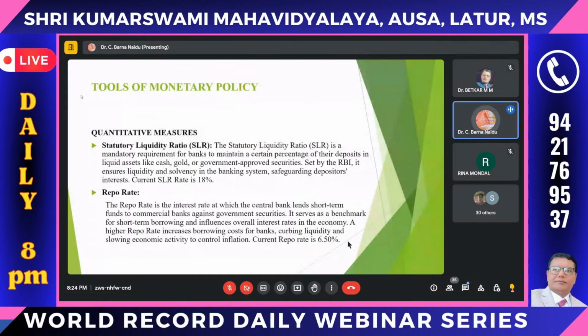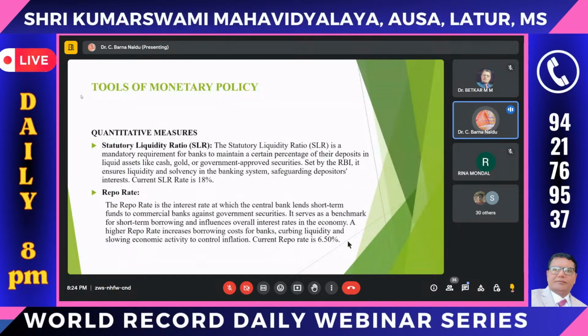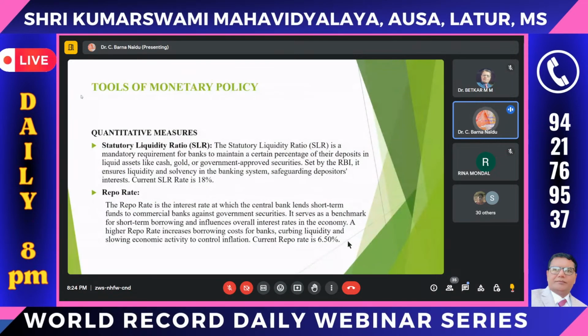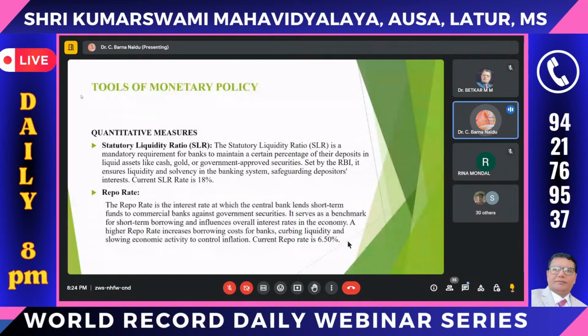So a higher repo rate increases borrowing costs for banks, curbing liquidity and slowing economic activity to control inflation. Now, exactly the opposite happens at the time of deflation: lowering the repo rate makes borrowing cheaper, stimulating economic growth. So it's a key tool for monetary policy, signaling the RBI's stance or hold on economic conditions and inflation.